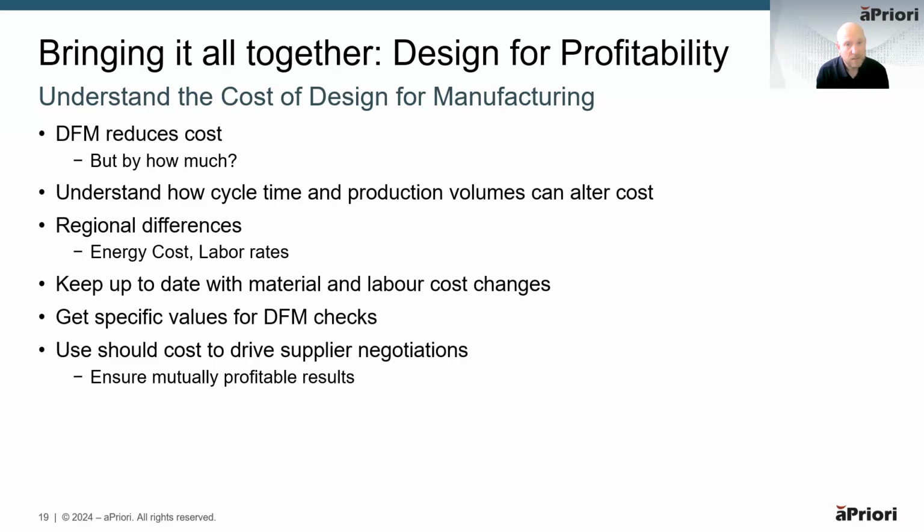We can also look at regional differences, so the regional differences of labour rates and energy costs, and we update that quarterly, so you can get a really good sense of how material costs and labour costs might affect the component costs.